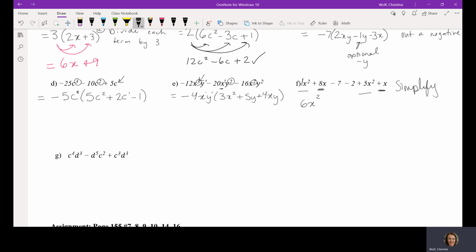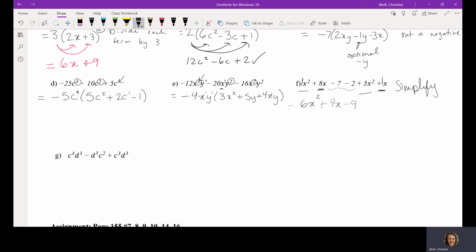They're both x's. Remember, there's a 1 on that x. So really, I have positive 8x plus another 1x. I actually have positive 9x. And finally, you can always simplify numbers that are all alone. So negative 7 take away 2. I actually have negative 9.